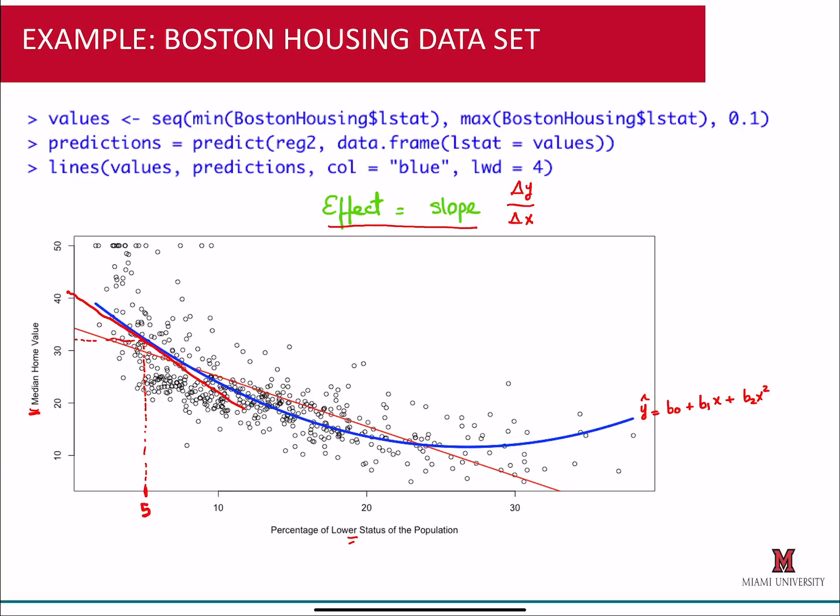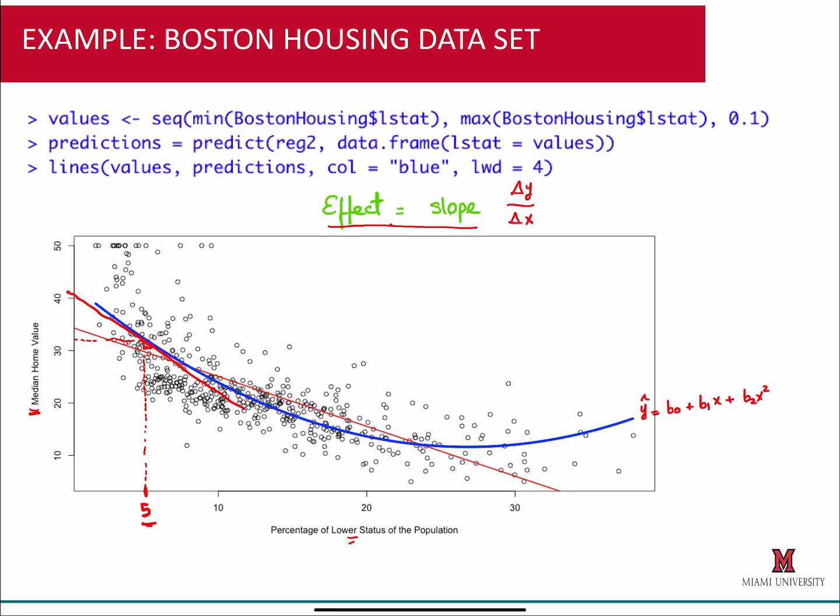So I would have to know the exact value of the lower status of the population in order to know what effect. Again, effect is the same as slope. If you changed the percentage of the lower status population from 5 to 6, it would produce a change in that slope that might be very negative.